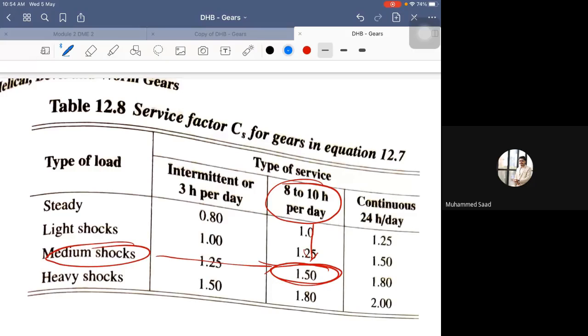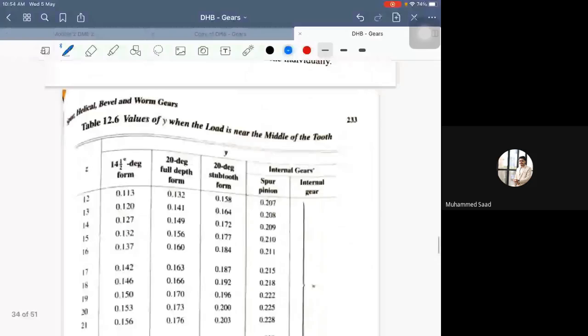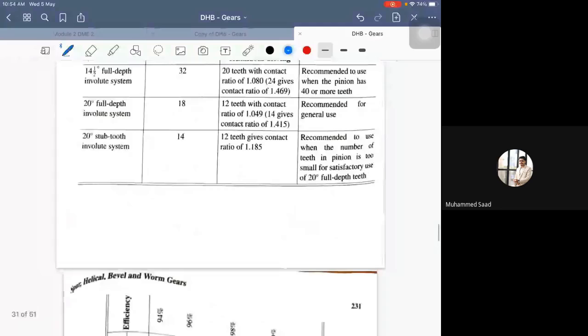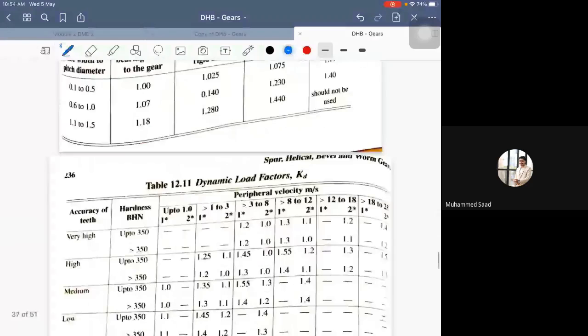Last problem, we calculated it somehow. What was the table number? 12.15. Okay.